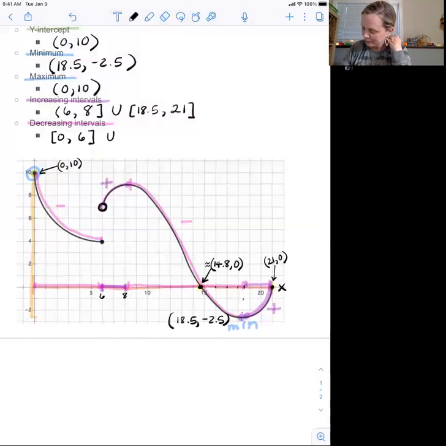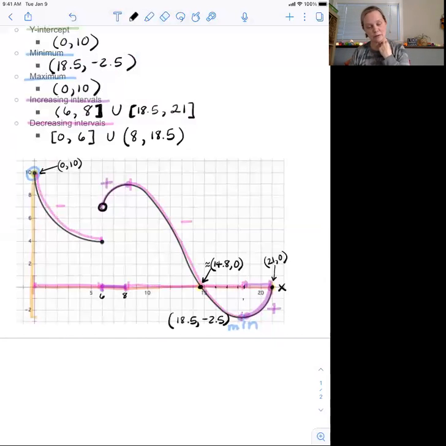Okay, and then my second one goes from 8. Now I'm waiting on my bracket here because I'm looking to see what I did before. Okay, so I included 8 on that interval up here. So I'm not going to include it on this one just because we don't want to count 8 twice, then we don't have a function. So we're going from 8 all the way up to that 18.5. And just like the other one, I included 18.5 in that first increasing interval. So I'm not going to include it on that one.